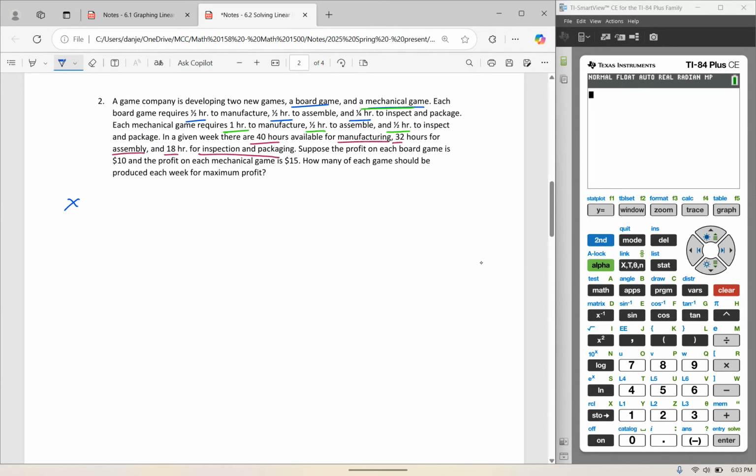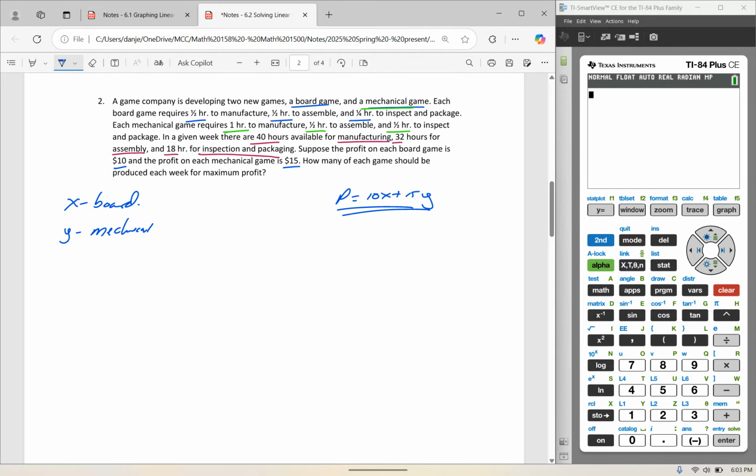So X is going to represent the board games. Y is going to represent the mechanical games. So the profit that I'm going to make is $10 for each board game plus $15 for each mechanical game.